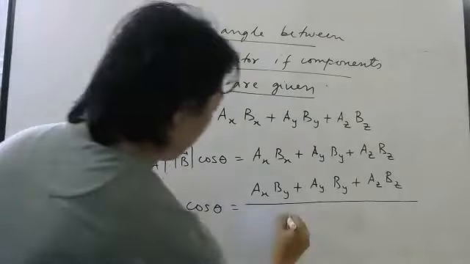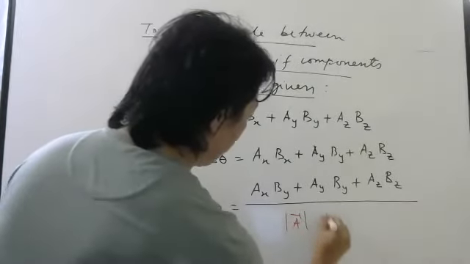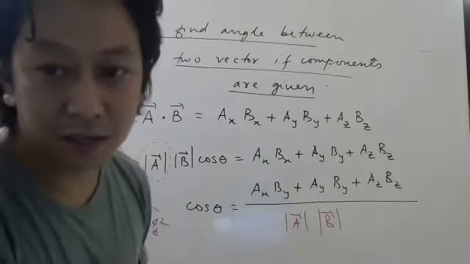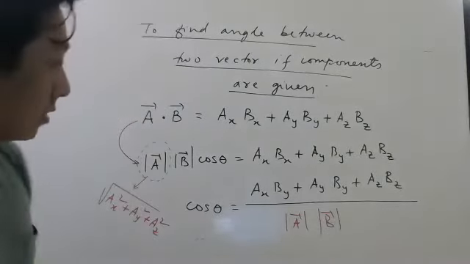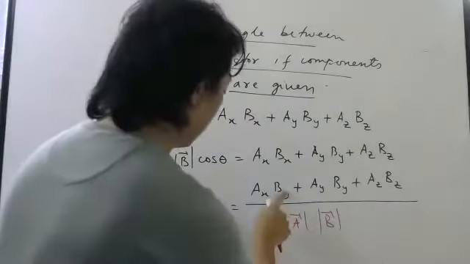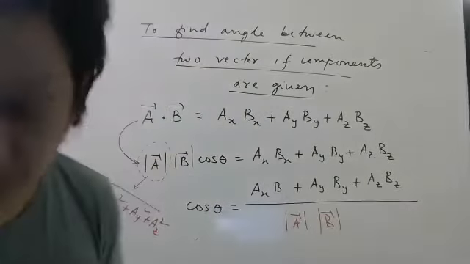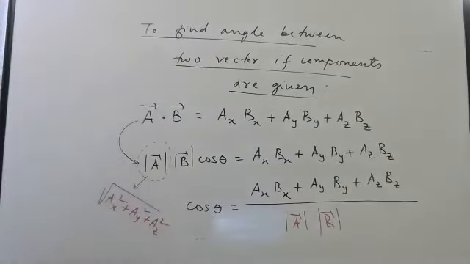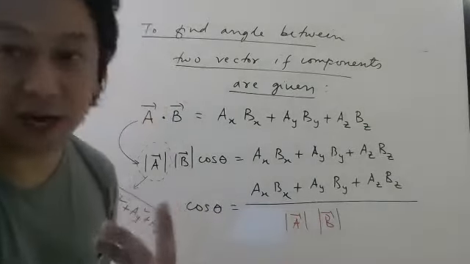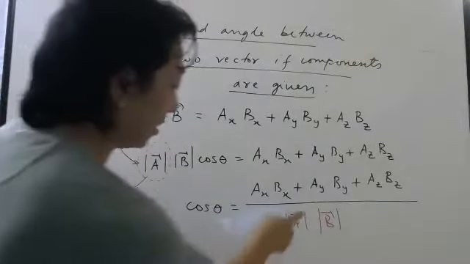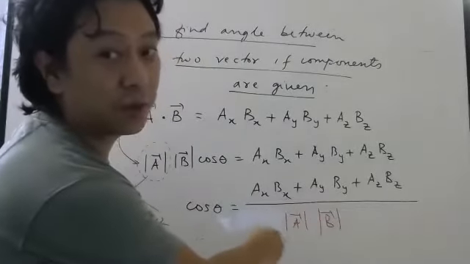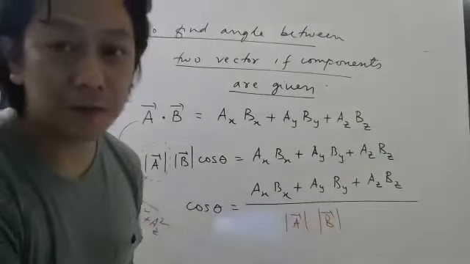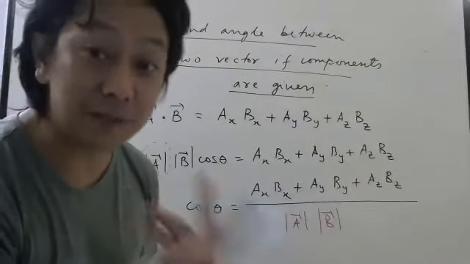So the modulus of A bar you can write in terms of components: root over AX square plus AY square plus AZ square. Similarly for B bar: root over BX square plus BY square plus BZ square.